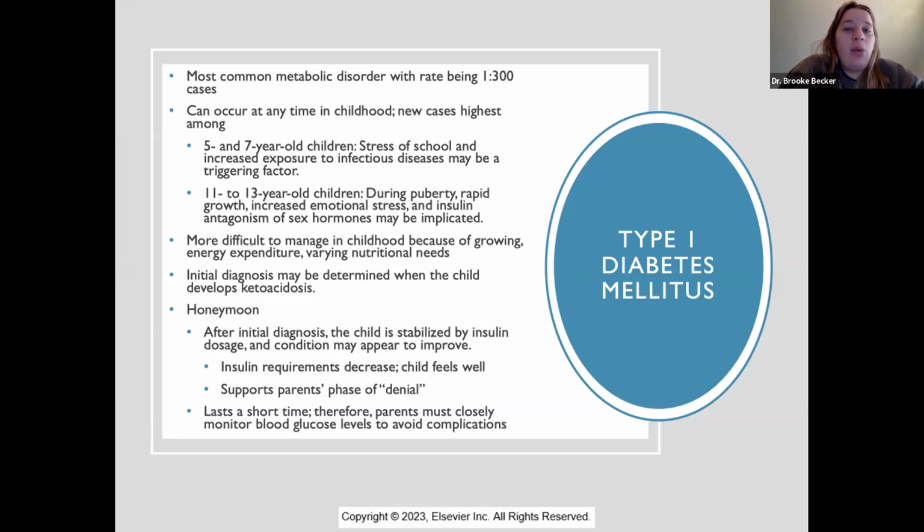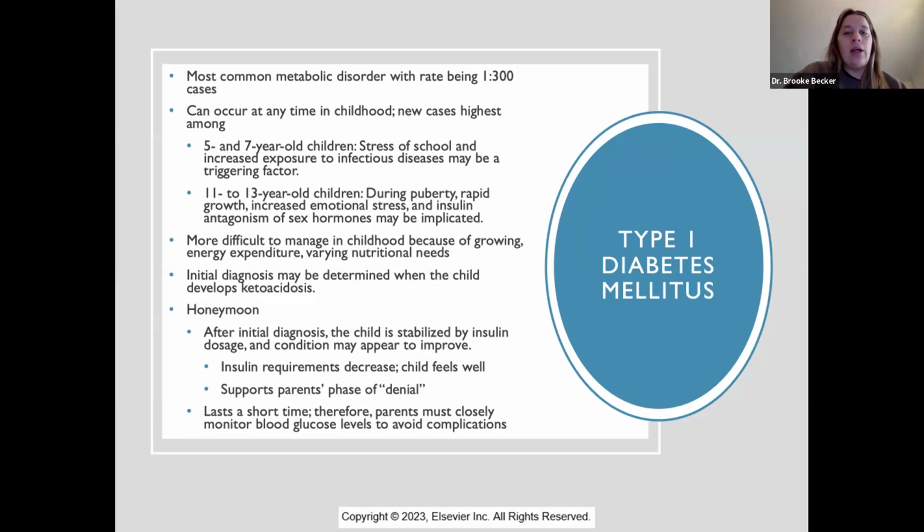It can occur at any point in childhood, most commonly between the ages of 5 to 7, because they have increased risk for infectious diseases and the stress of getting used to schoolwork. And then the other age range is 11 to 13. They're going through puberty, having rapid growth and increased emotional distress.